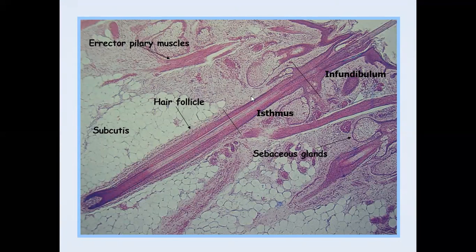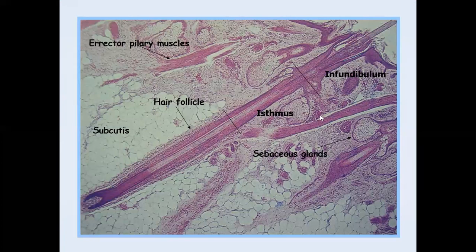So this is the histopathological appearance of a hair follicle. This hole is the hair follicle, and in between is the hair shaft, which is originating from the hair papillae. Hair follicle is usually divided into three parts: the infundibulum, isthmus, and the basal part.